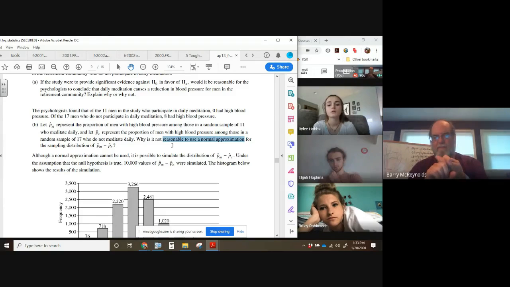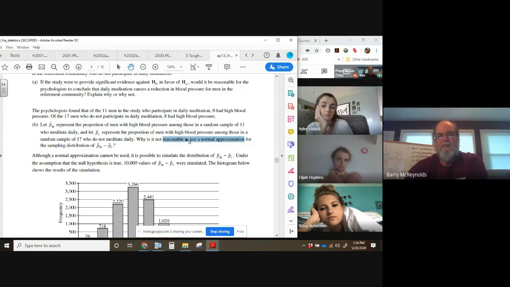The very first one that allows us to understand the shape is that n times p and n times 1 minus p are both greater than or equal to 10. So the number of successes and the number of failures are both greater than or equal to 10. If those two things are met, then we can say that the sampling distribution of sample proportions is normally shaped.